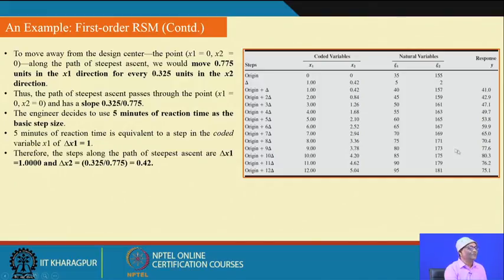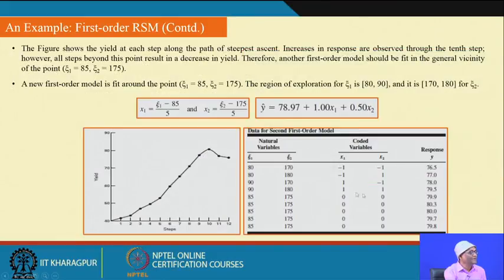Earlier you were operating at 35 and 155, but that is the inferior zone. Your better zone is definitely 85 and 175, because the yield has increased from 40% to 80%.